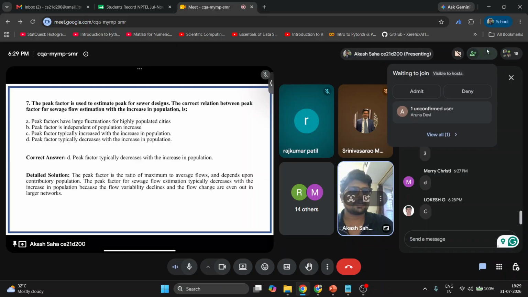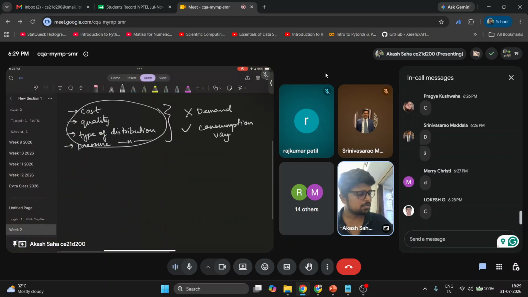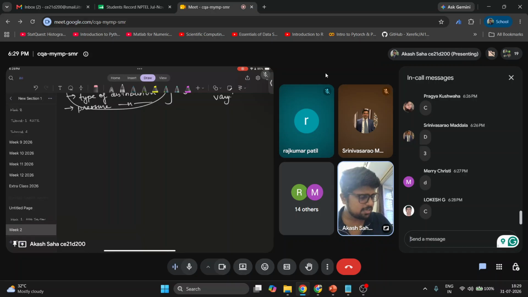So if you remember, we have a general thumb rule for population versus peak factor. If the population is less than 50,000, then the peak factor is 3.